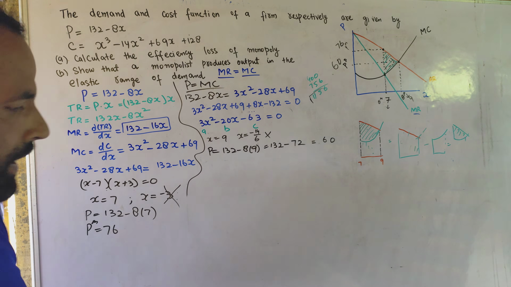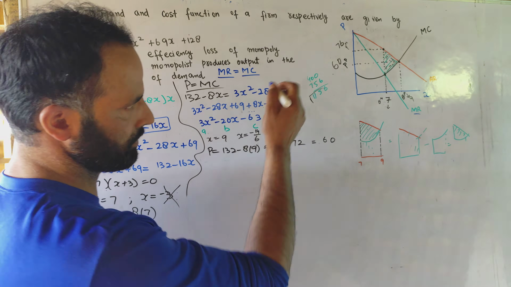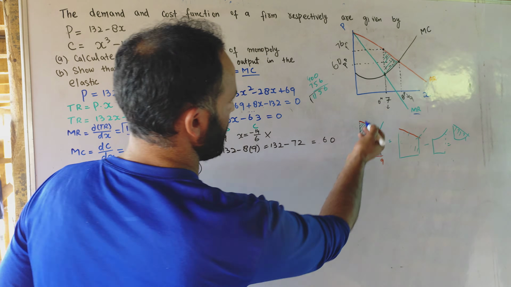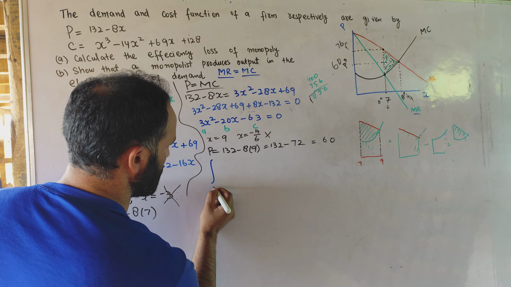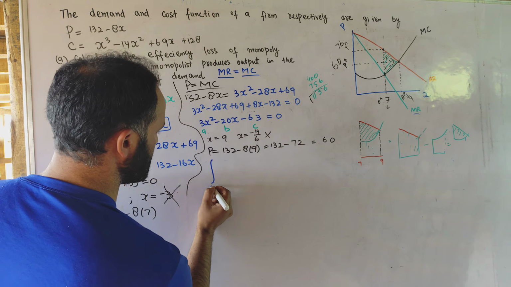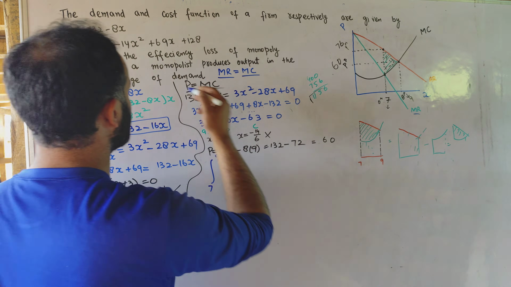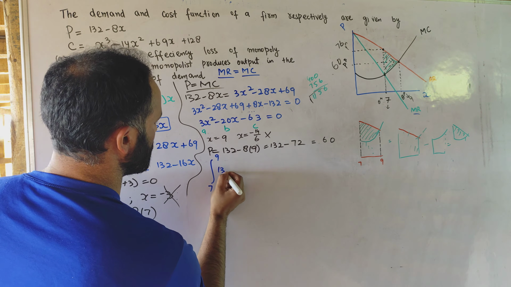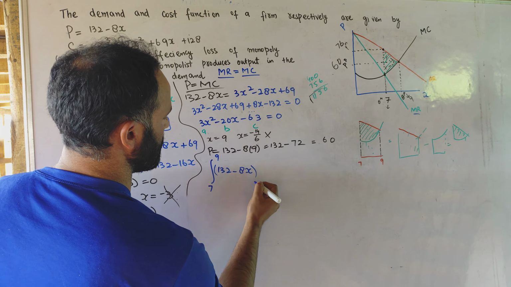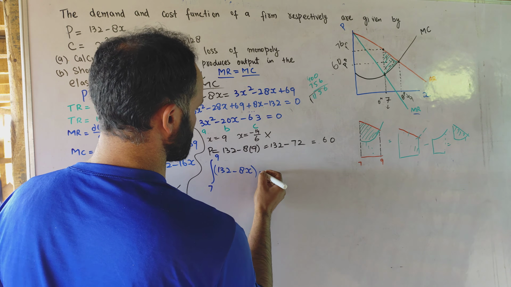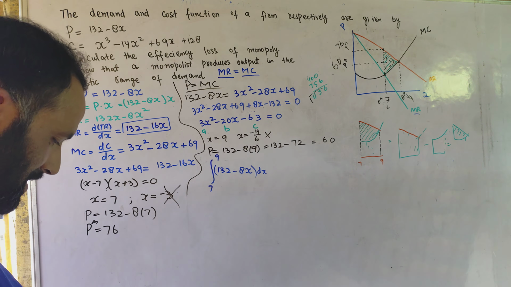So what will be the area of this region using integral calculus? The area of this whole region will be equal to the definite integral from 7 to 9 of this demand function. Okay, so demand function is 132 minus 8x, dx, I forgot to write it here.